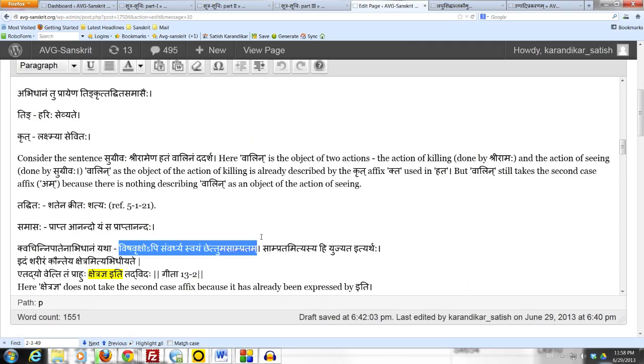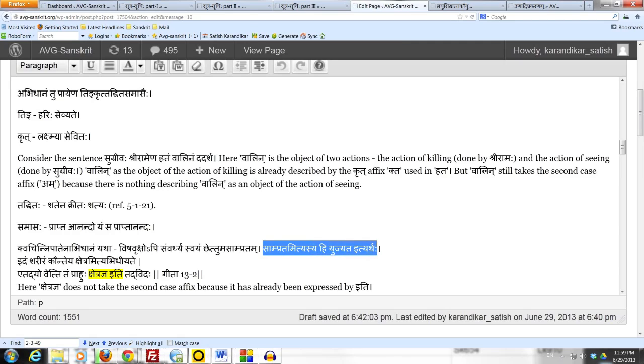This is a quotation from Raghuvamsha Kavyam of Kalidasaha. Here, asampratam means na sampratam. Sampratam ityasya hi yujyate ityarthaha. The meaning of sampratam is yujyate. So asampratam means na yujyate.